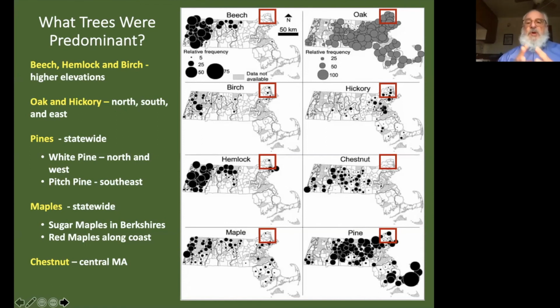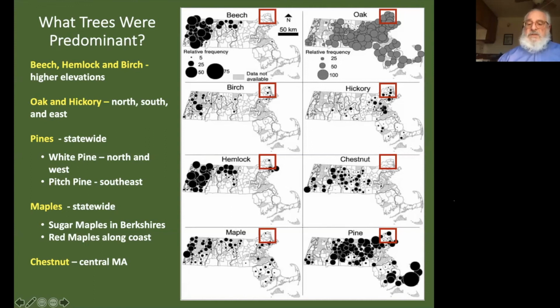And so I'm assuming that at least the predominant species in the colonial era were the predominant species before the colonial era. It doesn't mean there were the same number of trees, but certainly the predominant species would not necessarily have shifted. Who knows? But this is an assumption I'm making, and you can see where West Newbury is in the red boxes there.